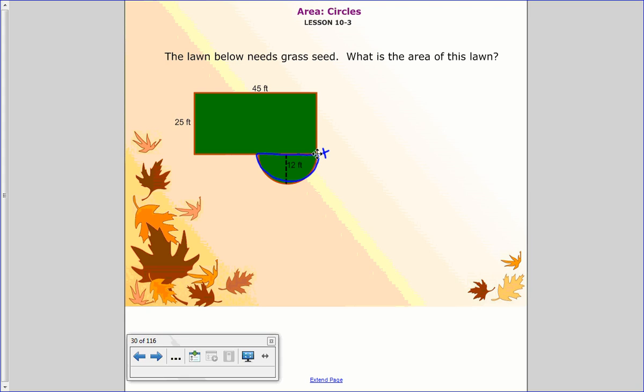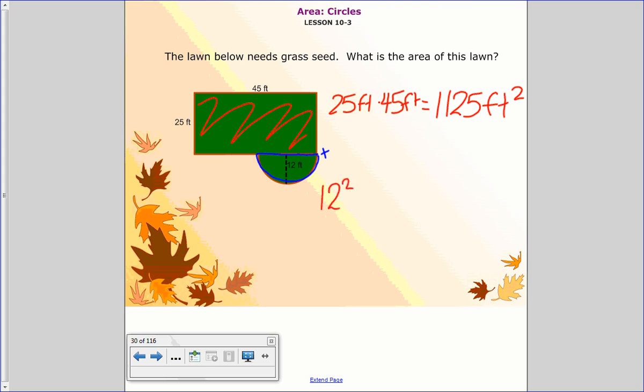All right, let's check your answer, shall we? So I'm going to start by finding that large rectangle by doing that area, 25 times 45 feet, and I get 1,125 feet squared. So I found that. Now I have to do that half circle, r squared. So 12 squared is 144 pi.